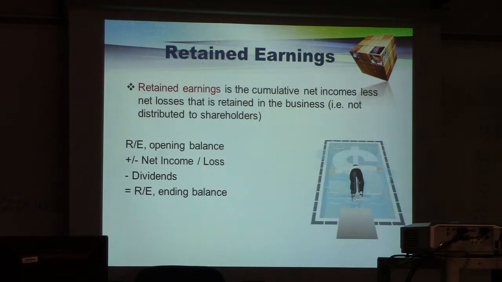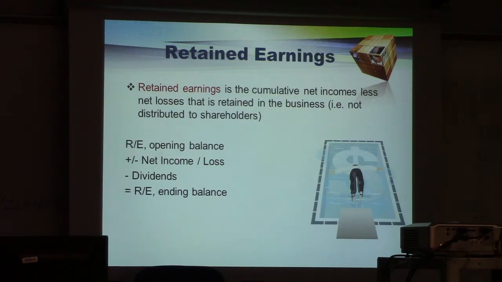The next slide talks about retained earnings. Last presentation, I did explain what retained earnings are in detail, but formally, this is just a definition so you understand, and a calculation or formula which you can use to perhaps check if retained earnings are calculated accurately when you're doing questions for homework or tests. So retained earnings is a cumulative net income less net losses that is retained in the business, which basically means that is not distributed to shareholders.